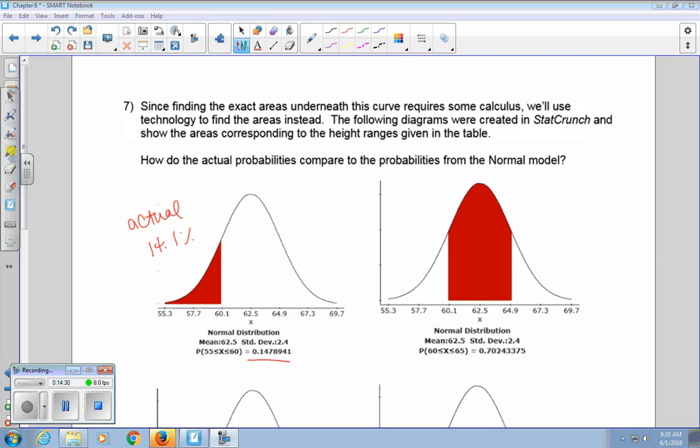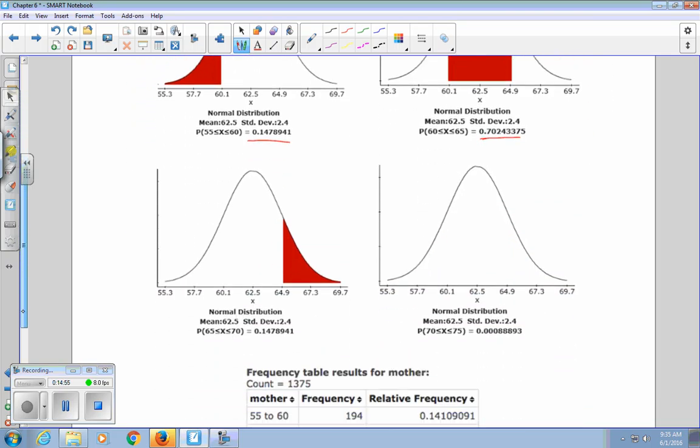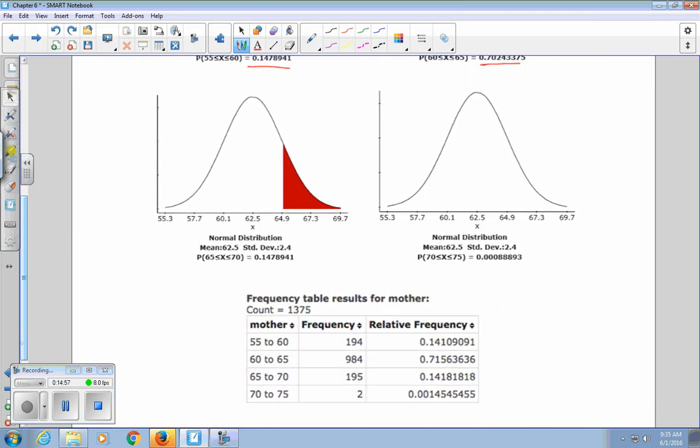If we're looking between 60 and 65, the probability of finding a woman whose height is between 60 and 65, the model says it'd be 70.2%. And our actual from the table says 71.6%. Again, that's a pretty close probability. So far, our model is looking pretty good.